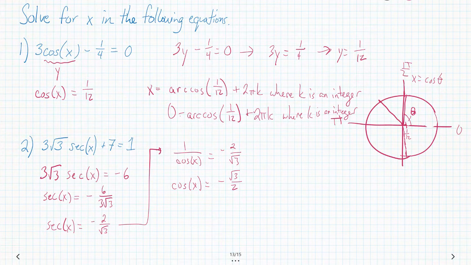So notice we make our triangle, and let's think about this. We have a root 3 on the adjacent side, we have a 2, and that means a 1 must appear on the opposite side. So what angle is this? Well, that's the smaller angle on the opposite, so this is 30 degrees or pi over 6.